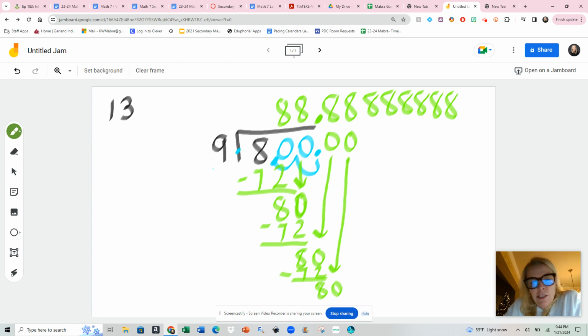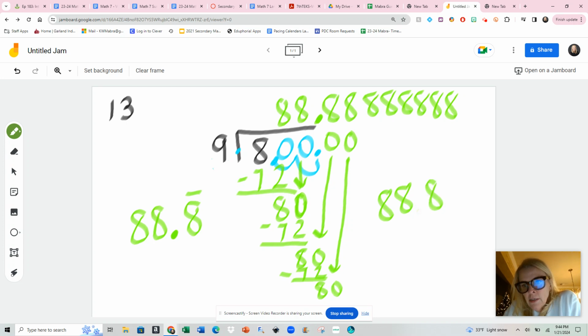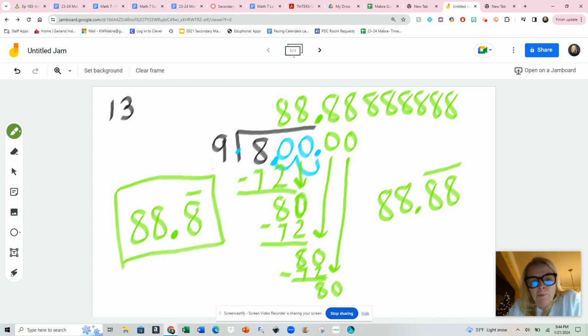Okay, but we don't need to do that. So here's our answer over here: 88 and 8 tenths, with the line over it. If she wants you to have the decimal, you could have more lines, but it's not necessary. So this is going to be the answer for number 13.